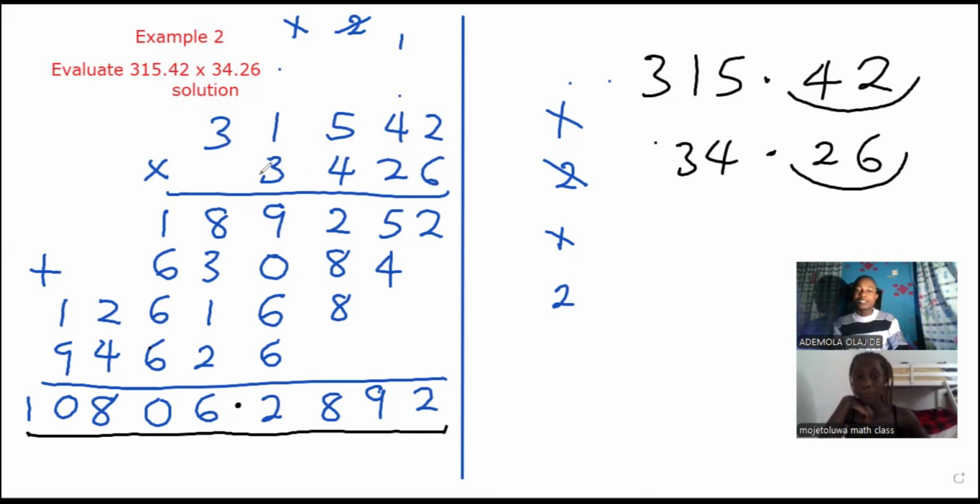Then you start from the first digit, use it to multiply everything up, and write everything down. The next is that you go to the second digit, which is 2, and use it to multiply everything up. But when you want to start writing the answer for 2, you must start from beneath the 2.